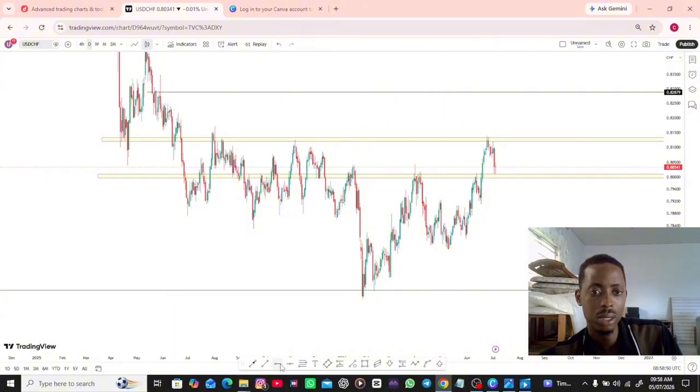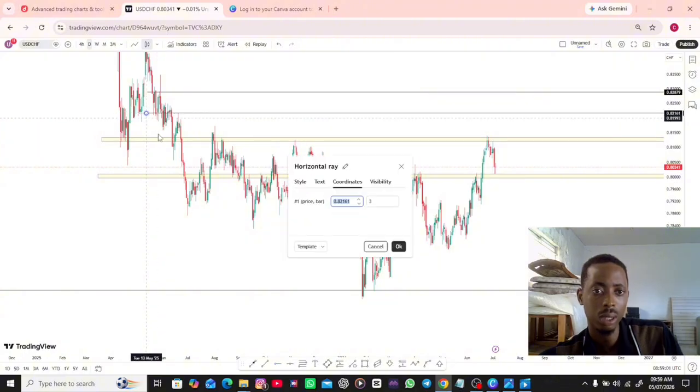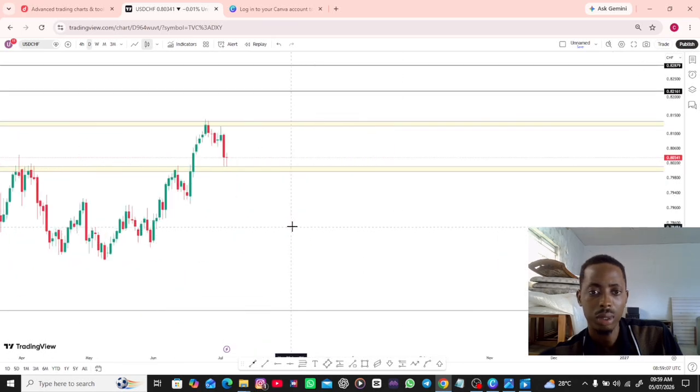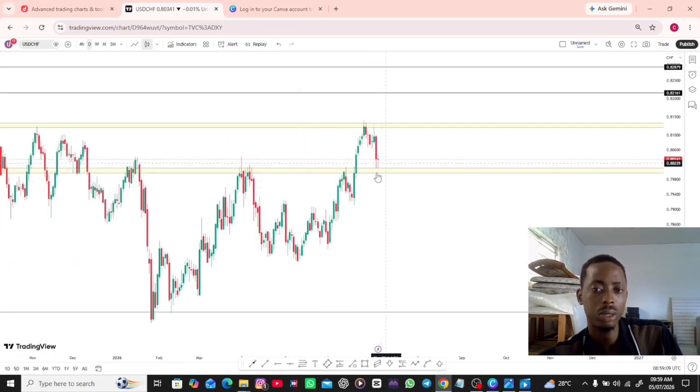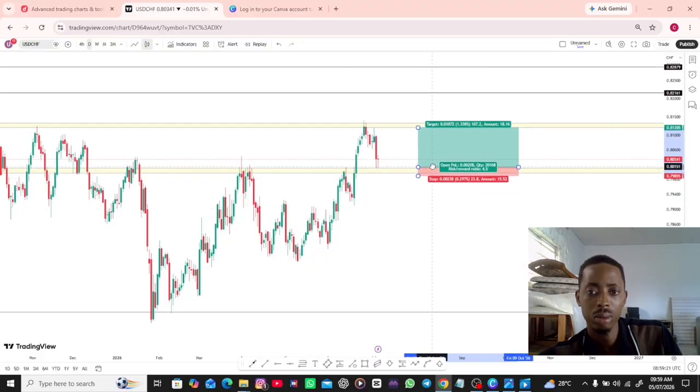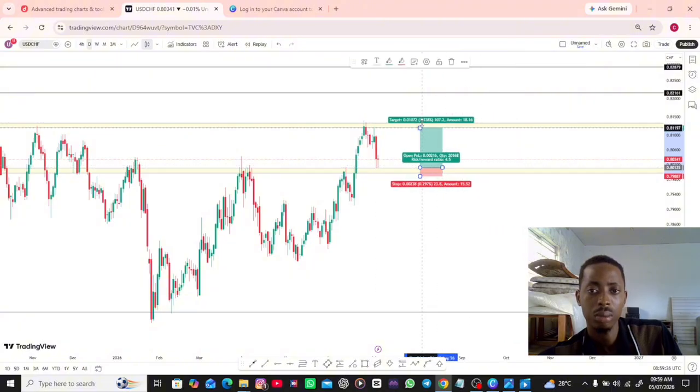Okay, I think I saw another level here. Yeah, kind of here. So I think I saw another level there, so I'm going to wait to see the reaction of the market around this level before I start my long bias to the upside.